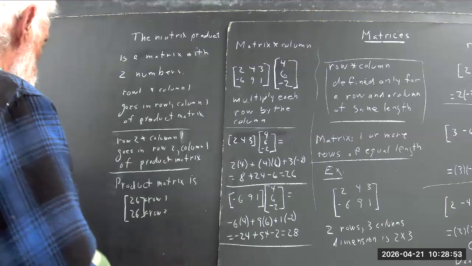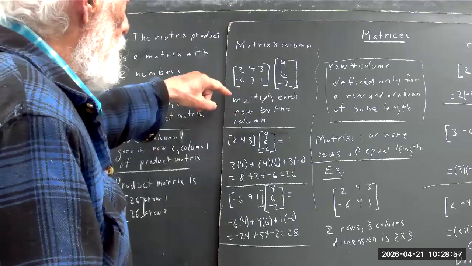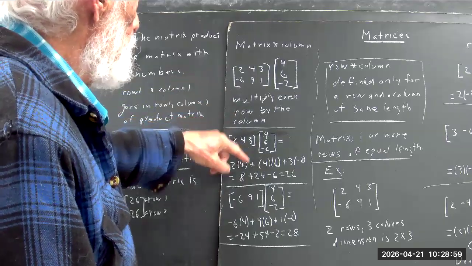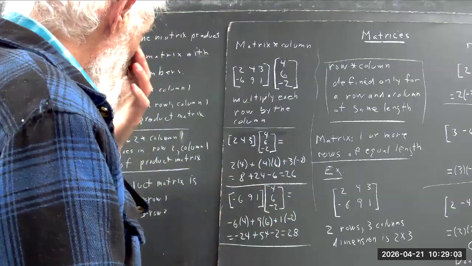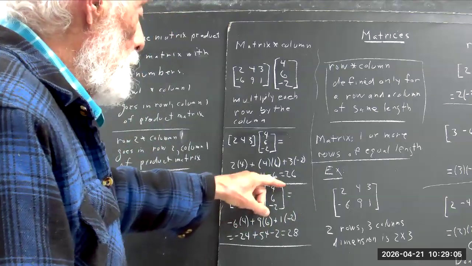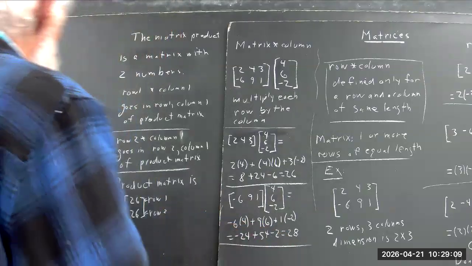So row one times column one gave us 26. Okay, when we calculated row two times column one, we got 28.